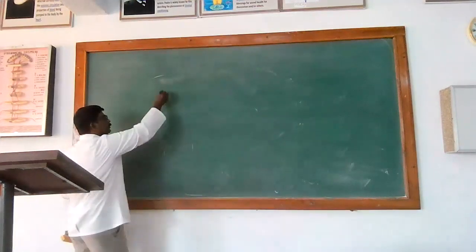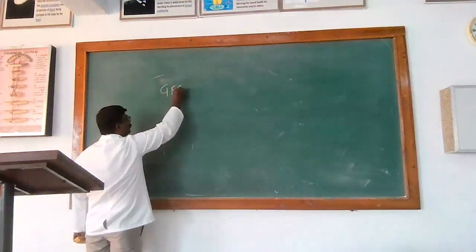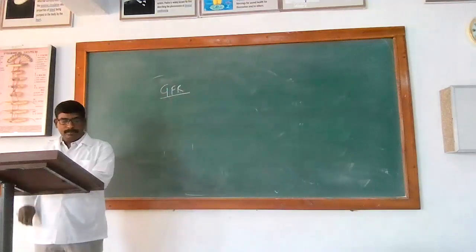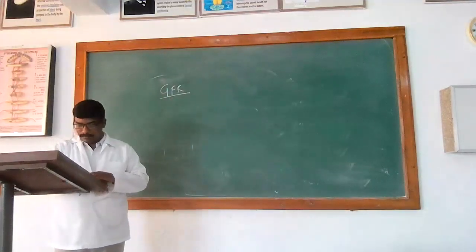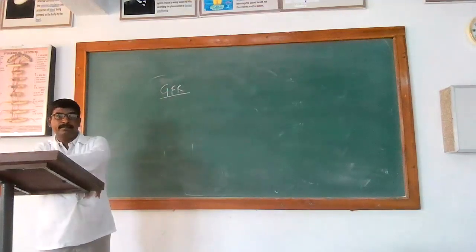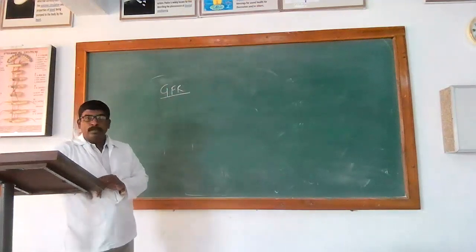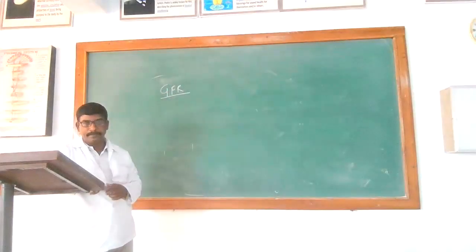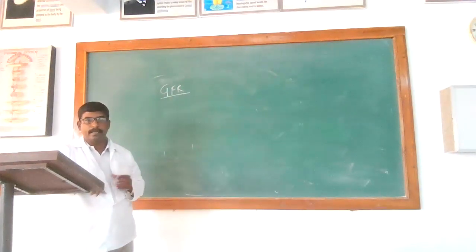To know the GFR, first we should know how much blood gets filtered per minute, per hour, and per day. GFR depends upon the cardiac output. So how much is the cardiac output?